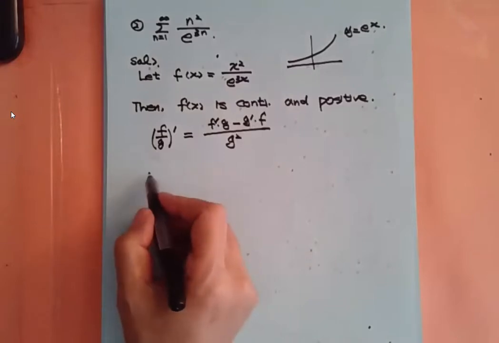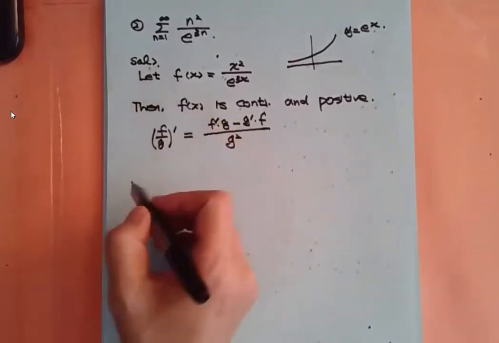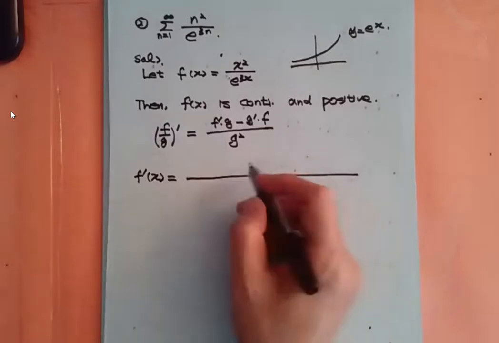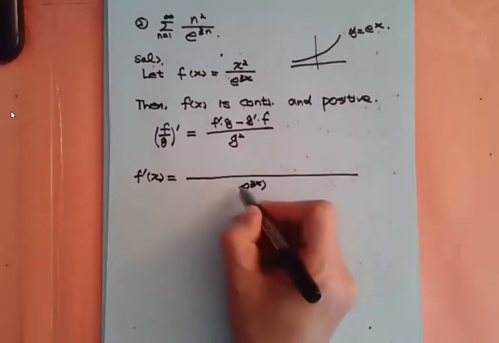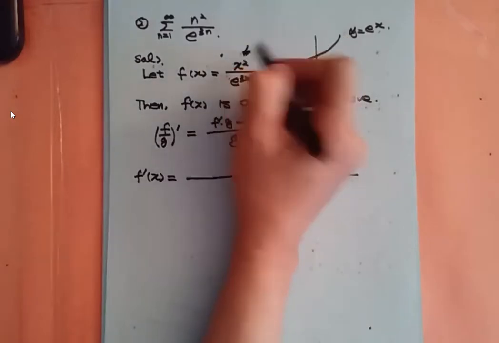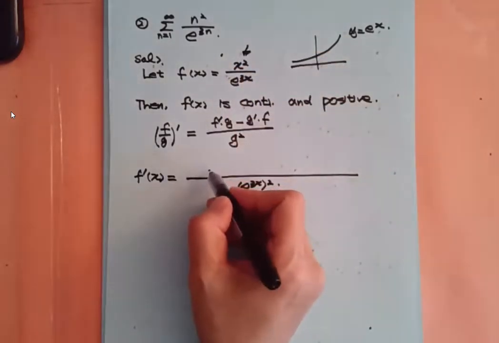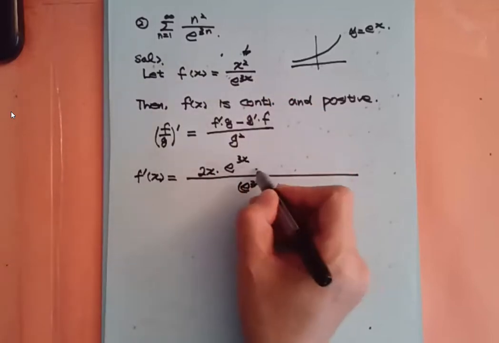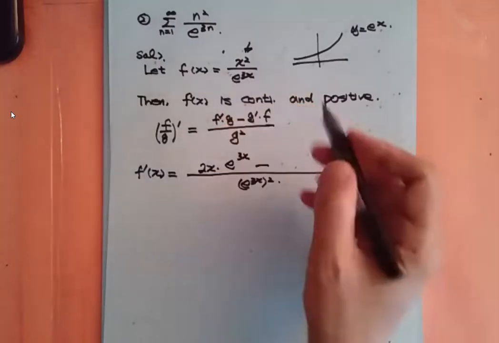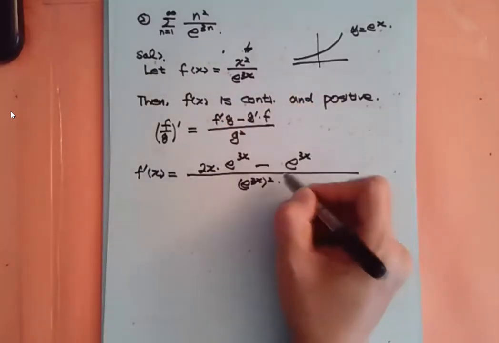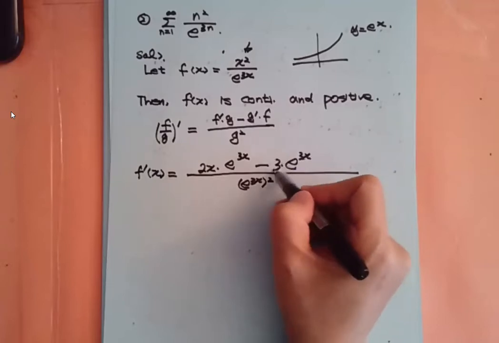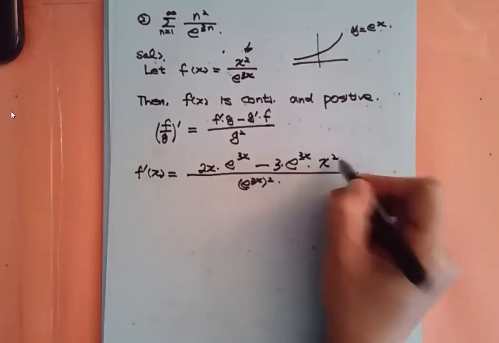So we will apply the formula. f prime of x equals the denominator squared, so e to the 3x squared, and this one's derivative, x squared, derivative is 2x times the denominator, which is e to the 3x, minus the derivative of this one uses the chain rule, so e to the 3x times the derivative of 3x, which is 3, times x squared.